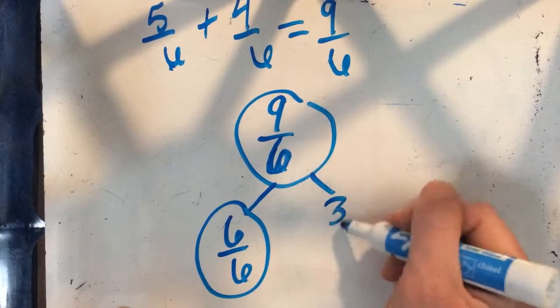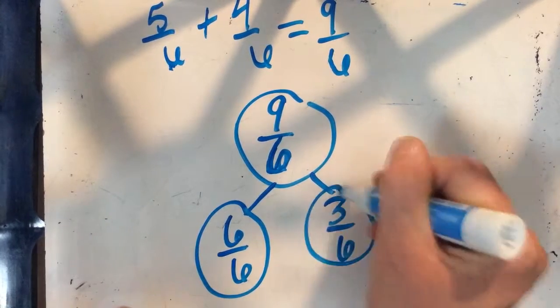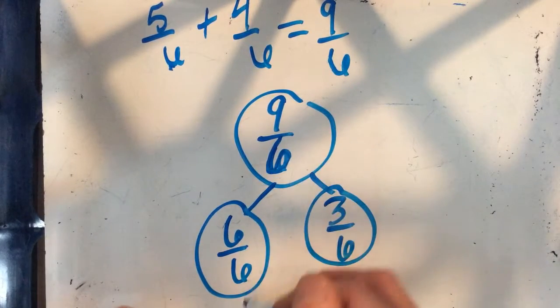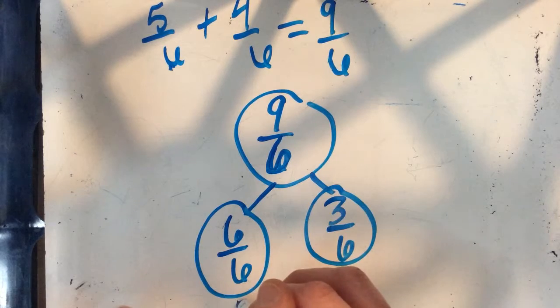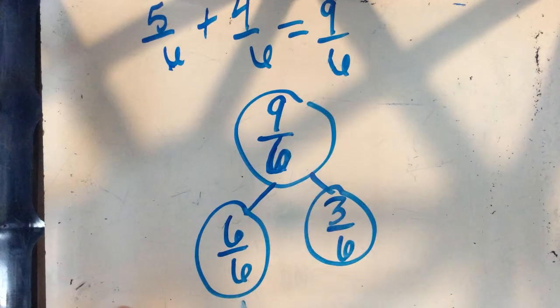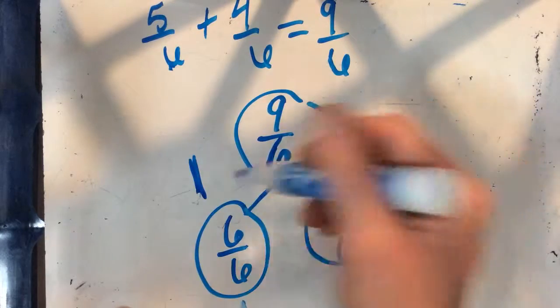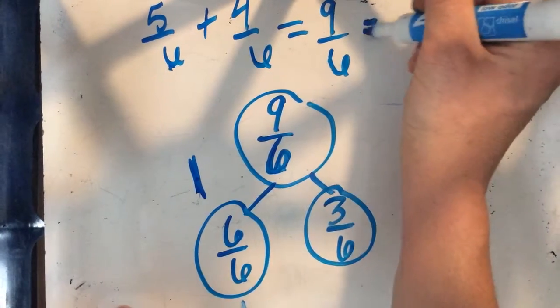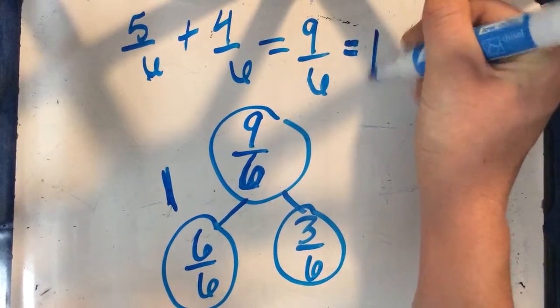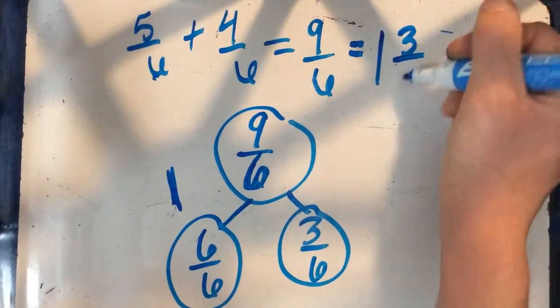And then we have 3 more sixths to get us to the 9/6. So 6/6 is the same as one whole. So 9/6 is the same as 1 and 3/6.